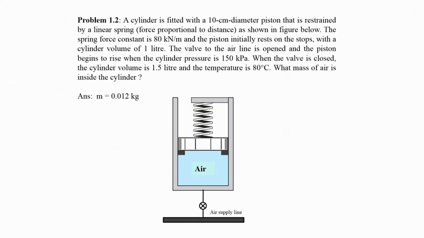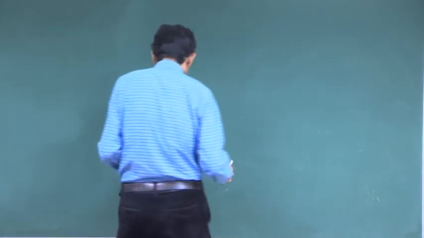When the valve is closed, the cylinder volume is 1.5 liter and the temperature is 80 degree centigrade. The question is, what is the mass of air inside the cylinder? So, just like the previous problem, here also we will draw a schematic.